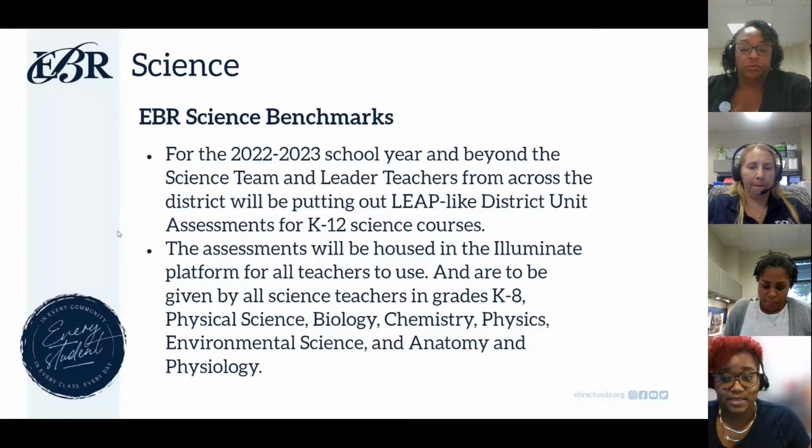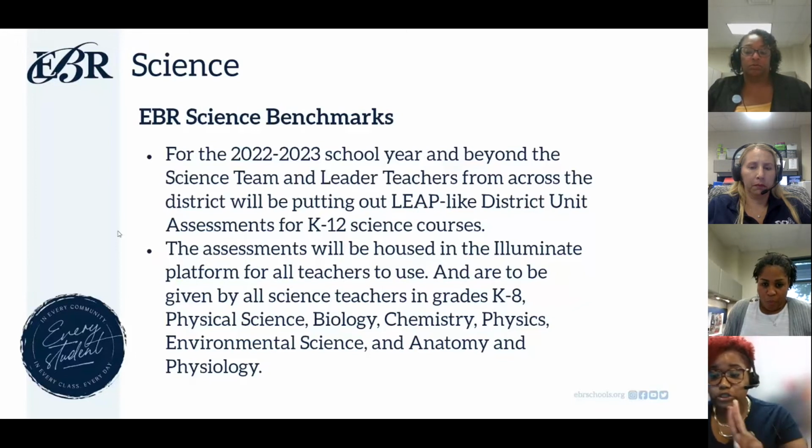For 6 through 8, this is another reminder. 6 through 8 has 8 units in all of our middle school classes. So for those 8 units, we have paired them. Each of your assessments will be on 2 units at a time: units 1 and 2, then units 3 and 4, units 5 and 6, and then units 7 and 8.